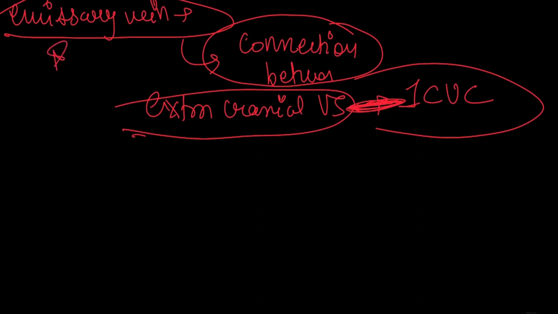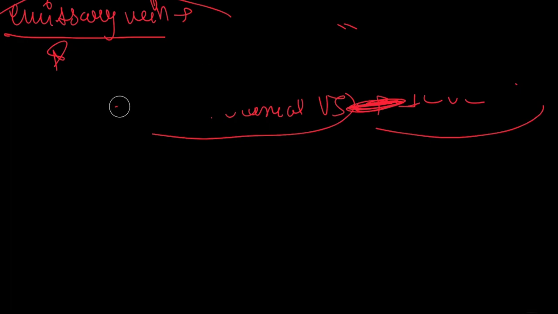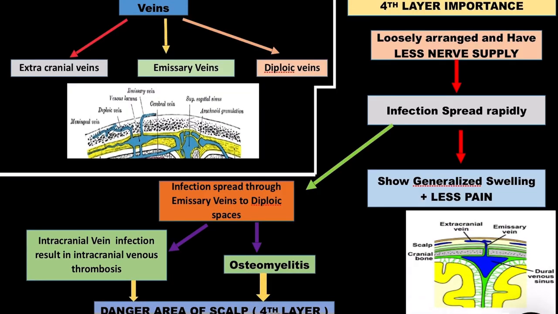This much is what we need to remember when we are talking about this particular thing. So here we are done with emissary veins. Here you see that this part is our extracranial vein, this blue one is our emissary vein, and here we have the cranial bone. So it is basically connecting between this part and this part.